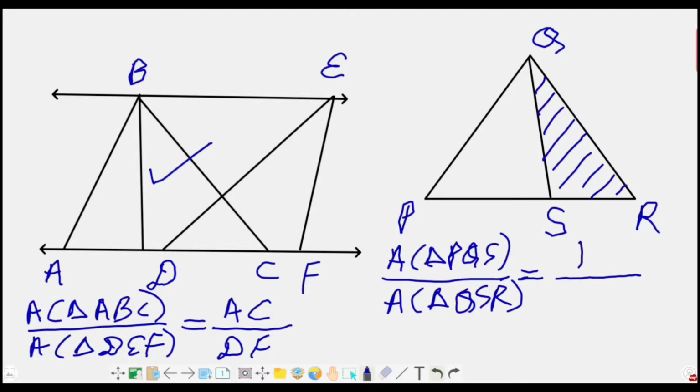In that case also, the ratio will be directly the ratio of their bases. PS is the base of this triangle, and in the same way SR is the base of the second triangle. In this, we can also take the combined triangle.